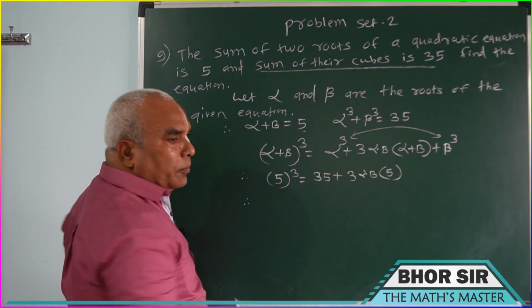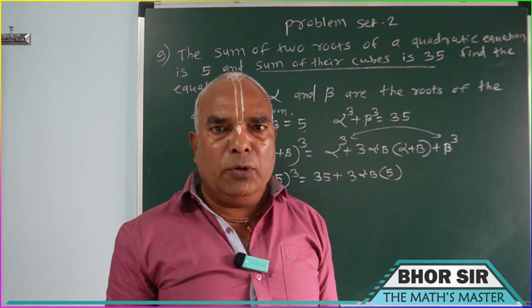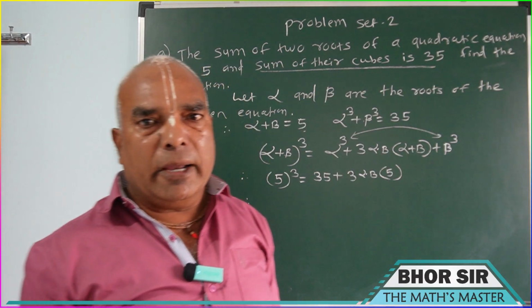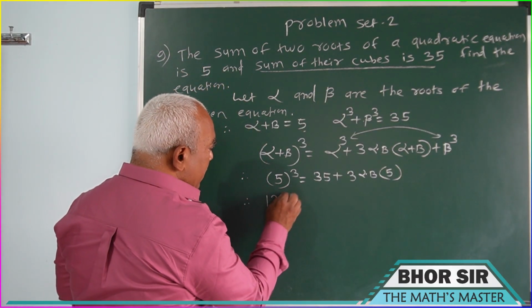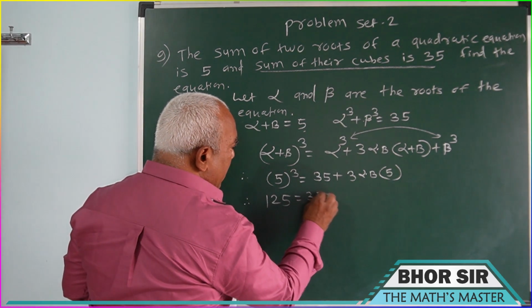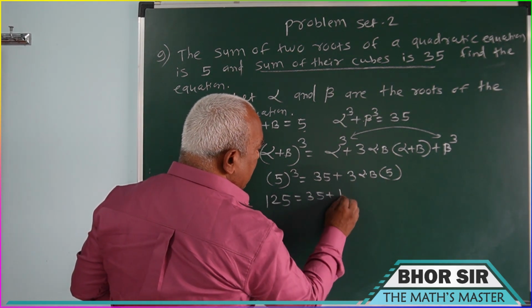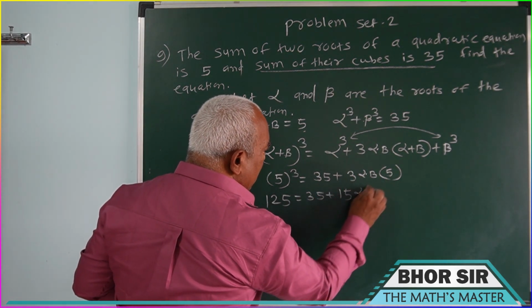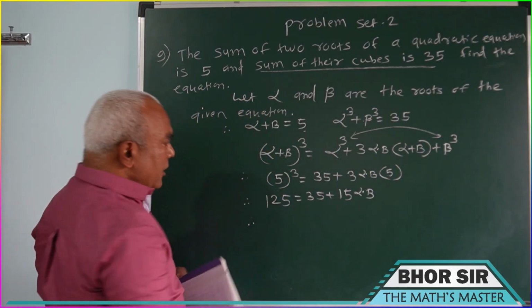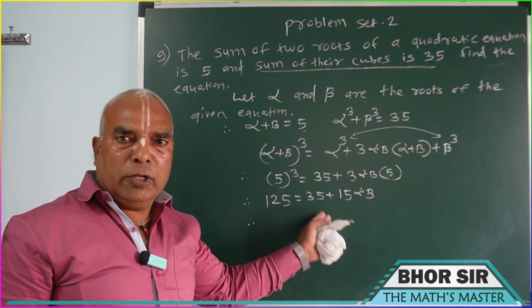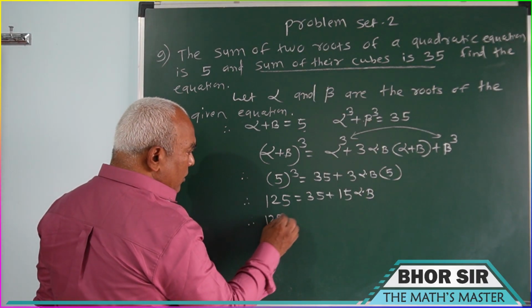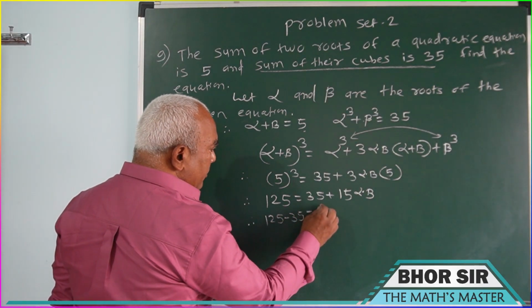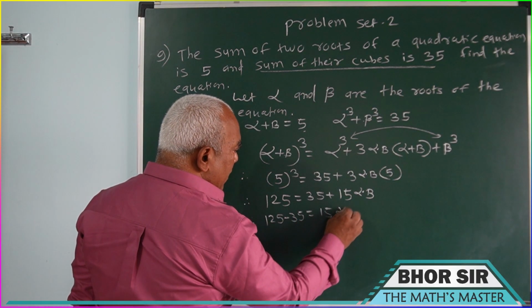Now 5 cube means 5 into 5 into 5, 5 fives are 25 and 25 times 5 is 125. So 125 equals 35 plus 15 alpha into beta. Now this 35 moves to the left-hand side and becomes minus. Then 125 minus 35 equals 15 alpha into beta.